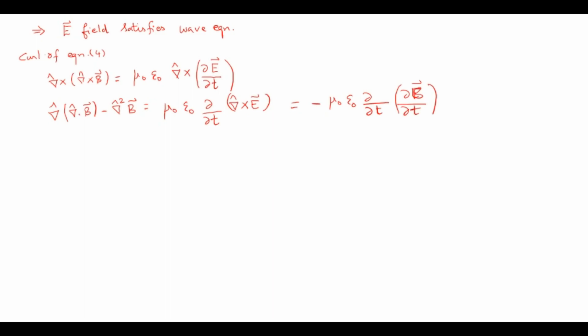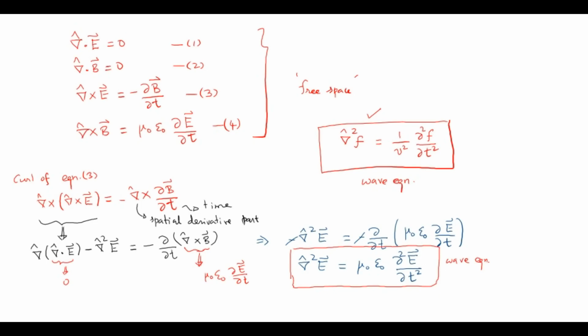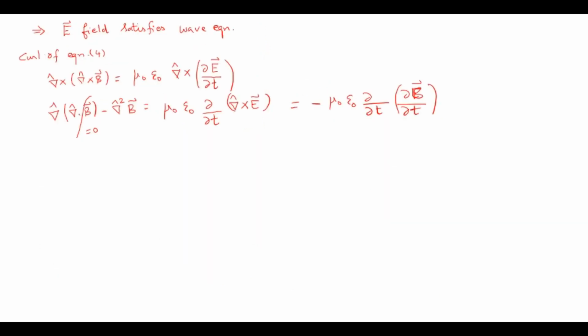So this part is 0 because of the second equation, equation number 2. So minus del square B vector is equal to minus mu naught epsilon 0 del square B vector by del t square. Now this minus sign cancels. So del square B vector is equal to mu naught epsilon 0 del square B vector by del t square.